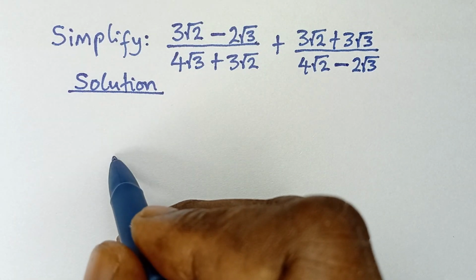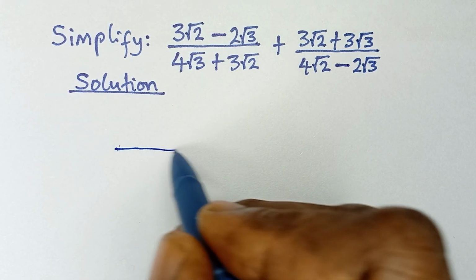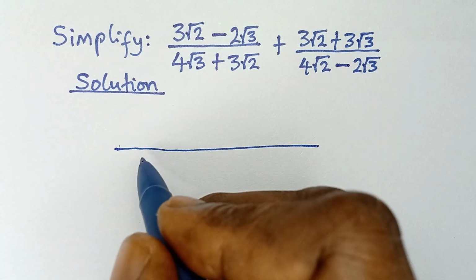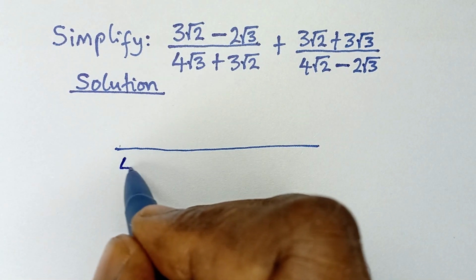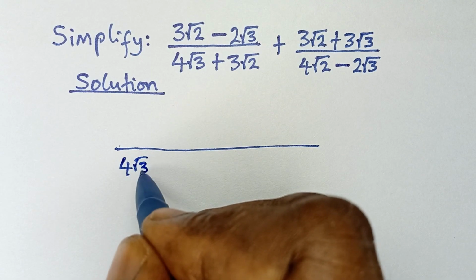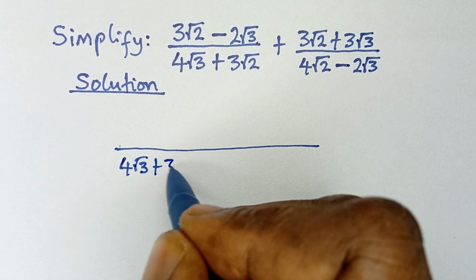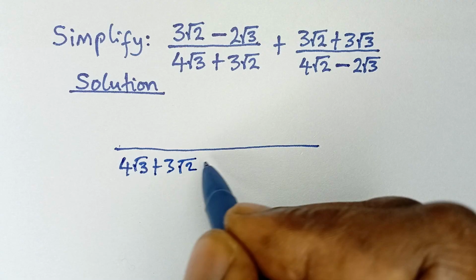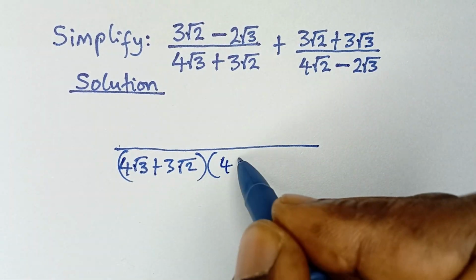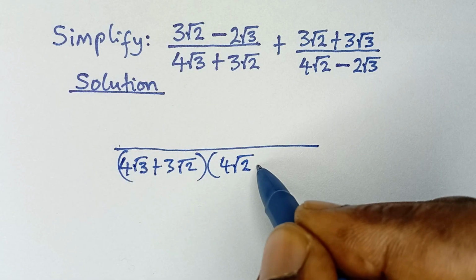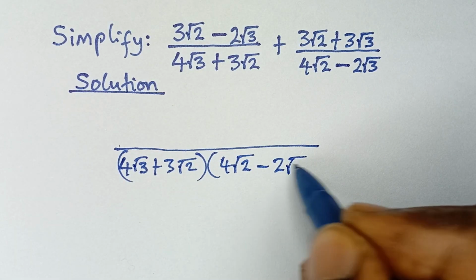So I'm simply going to rule a line now and then take this first one here, which is 4 root 3 plus 3 root 2, and then multiply by the second term, which is 4 root 2 minus 2 root 3.